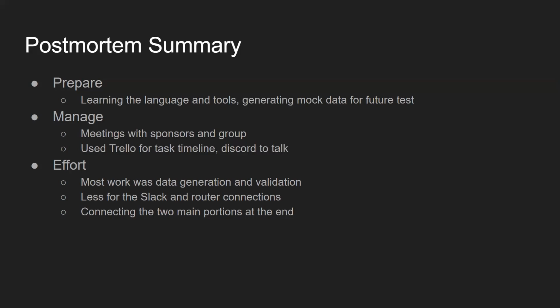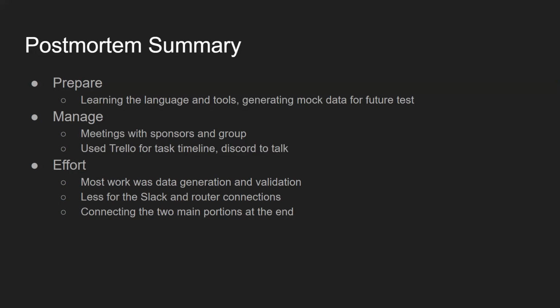They're also available to talk at any time, outside of meetings, using Slack and email. So that was really helpful. We used Trello to draw out a task timeline, and eventually we used Discord to talk online. The transition to that worked out pretty well. All the meetings were done online, and I think everyone managed decently with that.